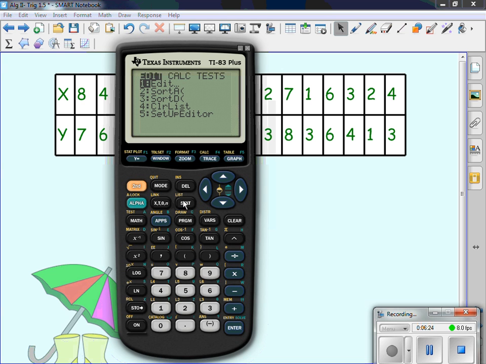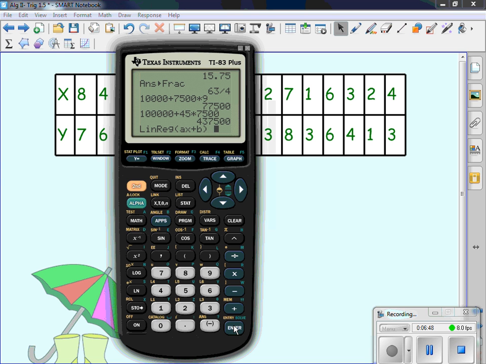Once we hit stat, we already have all of our data in here, correct? So I don't have to retype it. Go over to calc. Press the right to calculate. We want what's called the linear regression. Number 4.